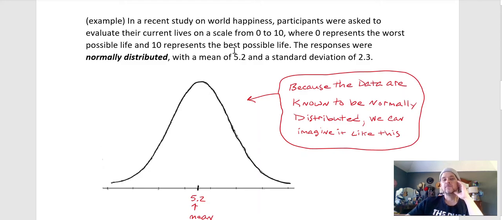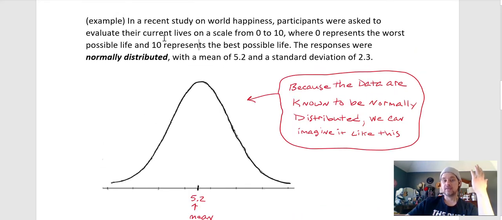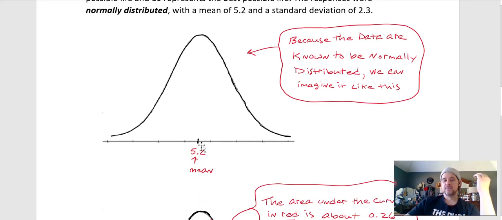Now when we know some data is normally distributed, then the mean and standard deviation exist whether we know them or not, and it's nice if we know that too. So here I'm told that the mean is 5.2 and the standard deviation is 2.3. So here's the bell curve, here's the normal distribution for this data. The mean's right there in the middle, 5.2, isn't that what it said?